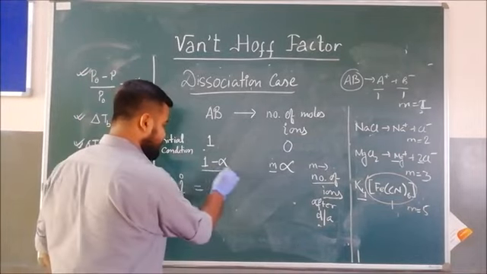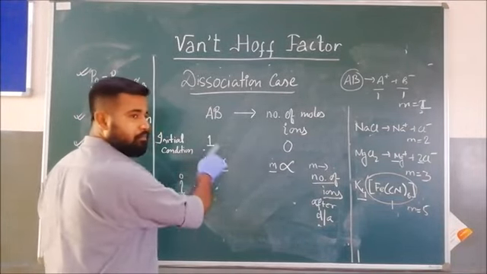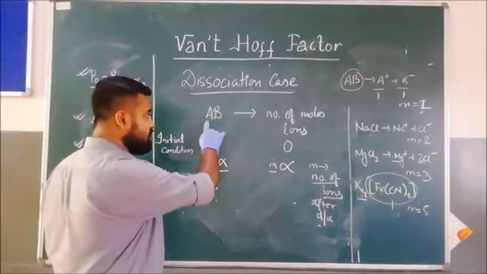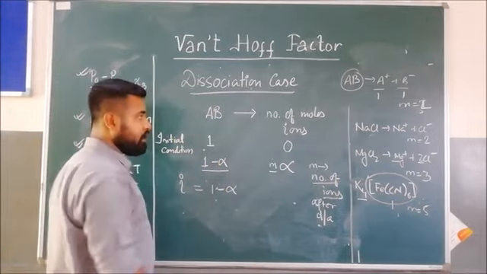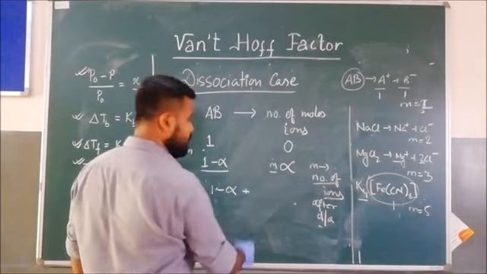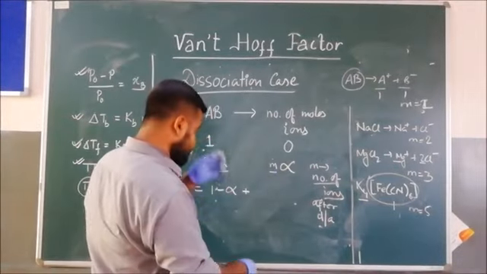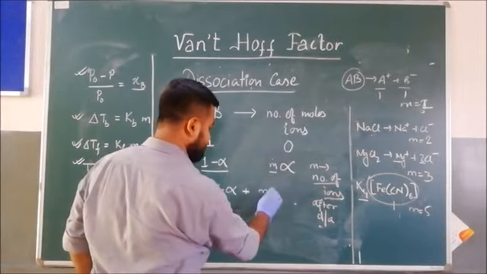So after dissociation, this is the number of particles of the reactant left, 1 minus alpha, and here plus number of ions produced, m alpha.